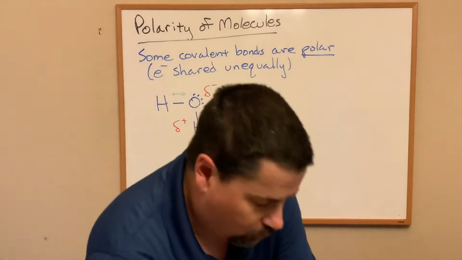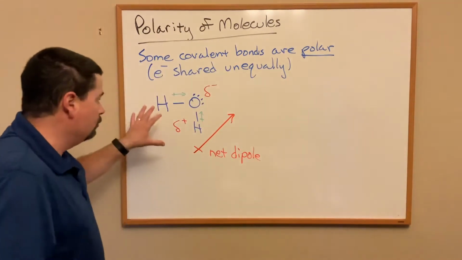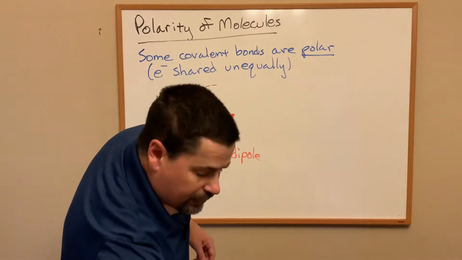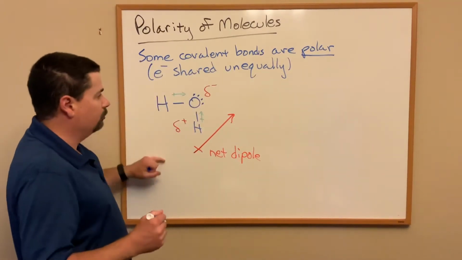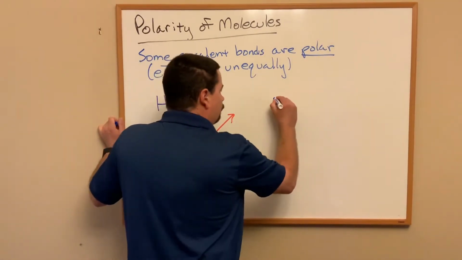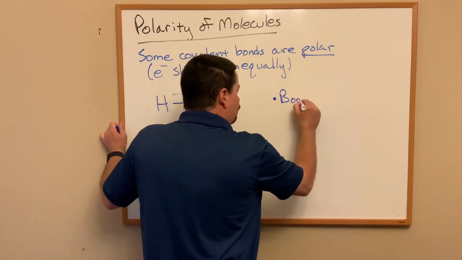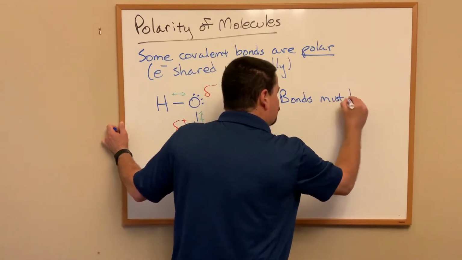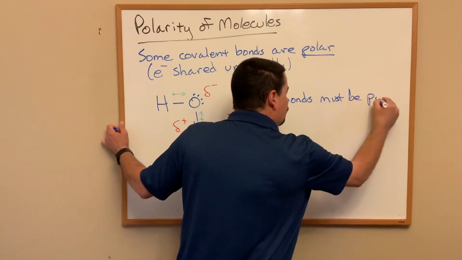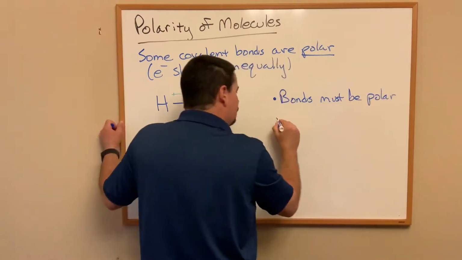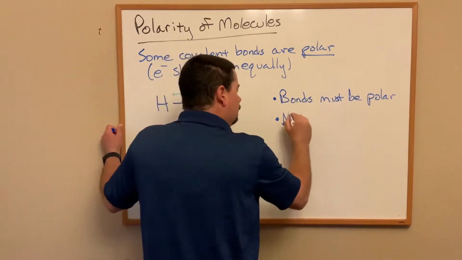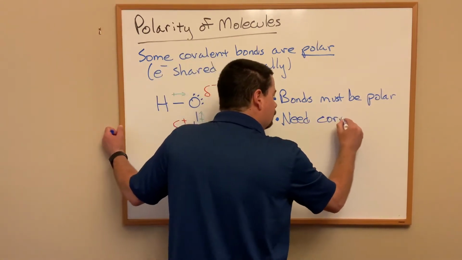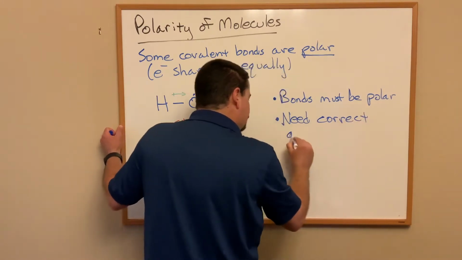Now, one thing that the water shows, and I didn't state here, is that not only do we need polar bonds, so bonds must be polar, and then we need correct geometry.